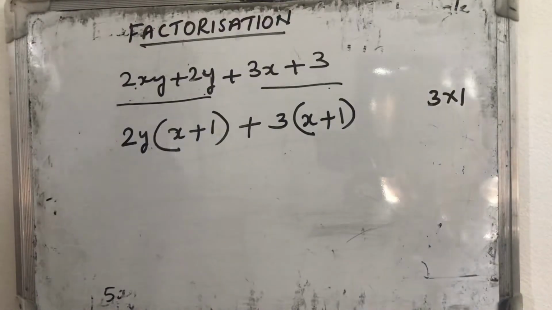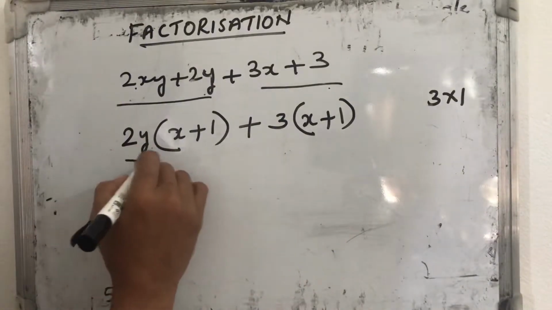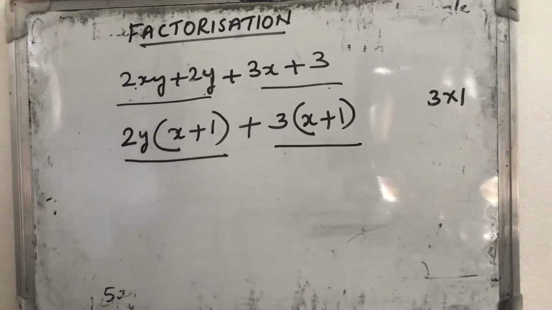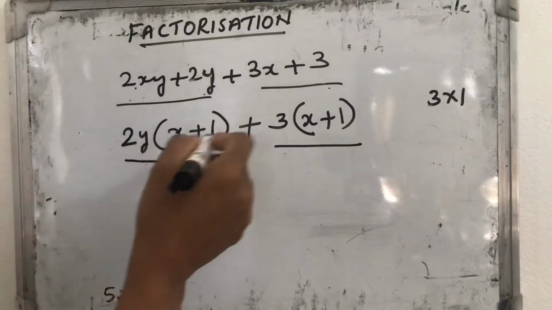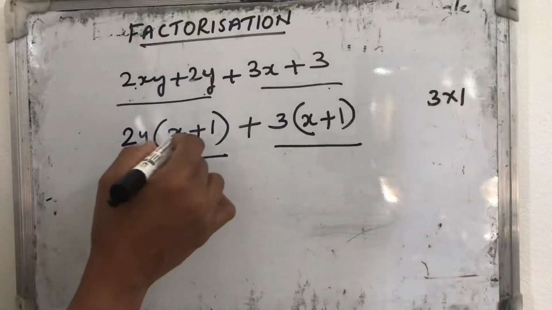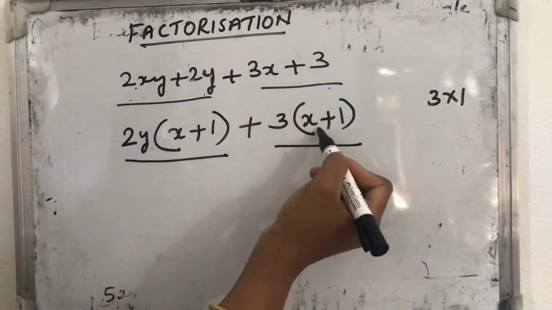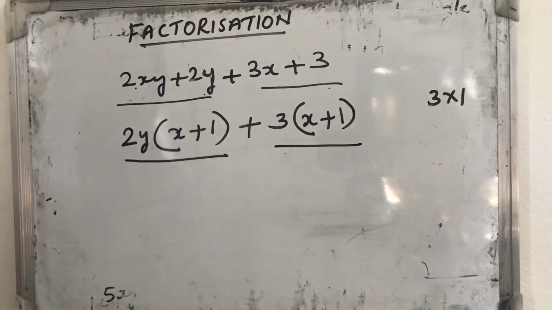Now here we got 2 terms like this. When we consider these 2 terms, can you find any common factor in both? Here x plus 1 is common in both. Here we have 1 x plus 1, and in this term also 1 x plus 1 is there.